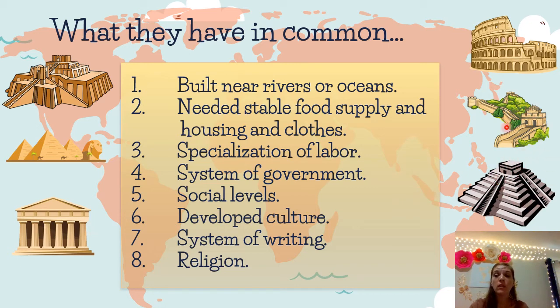The Chinese had their walls to protect them, and Rome had their Colosseum, which they used for different forms of entertainment, even some very, very bad ones when they were treating the Christians incorrectly. But they all had their art, estatuas, different paintings, their arquitectura, their architecture, the different buildings.